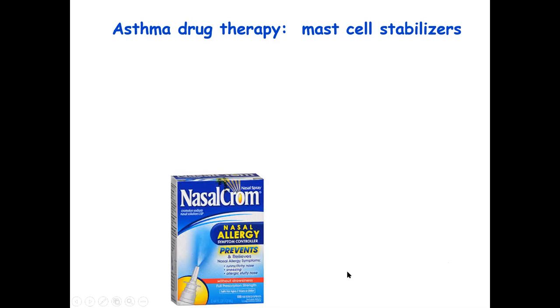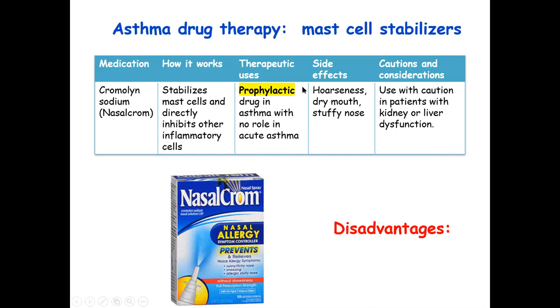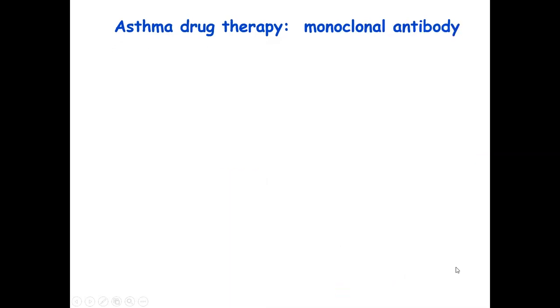It's expensive. It went over the counter, but it's still expensive. You have to use it every single day, and it's marginal as far as how effective it is. So you're really not going to be dealing with the mast cell stabilizers. It's prophylactic only, very expensive, and you have to use it every day.